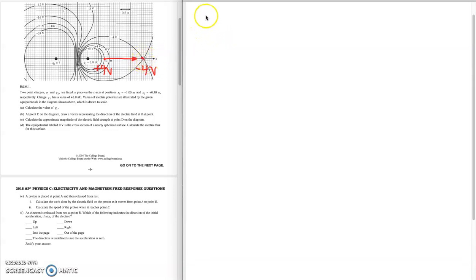So for E part 1, the work is going to be the same thing as the change in energy except with a minus sign. So we're going to have minus q change in voltage. Now it's going to be losing voltage, and that's where this minus sign comes in. We're going to have the charge on the proton, which is 1.6 times 10 to the minus 19th.